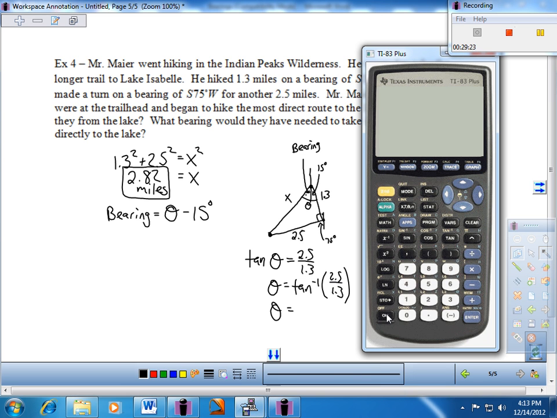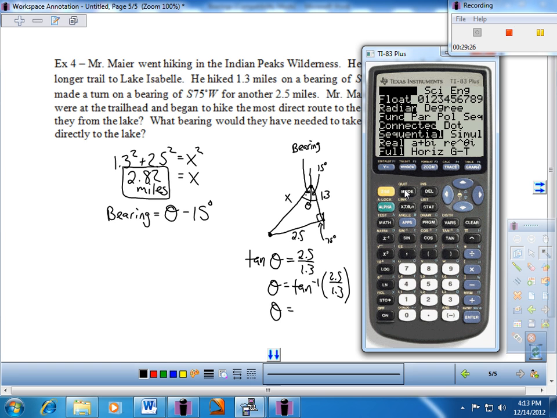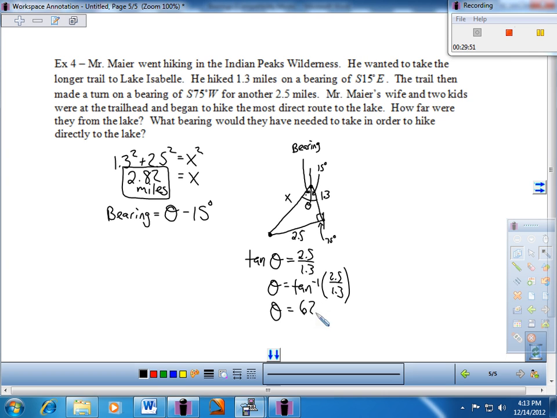So let's see. Everyone, first of all, make sure I'm in degree mode. I'm sure you're in that already. So let me go inverse tangent of 2.5 divided by 1.3. Looking good. So I get about 62.53 degrees. So theta is 62.53 degrees.